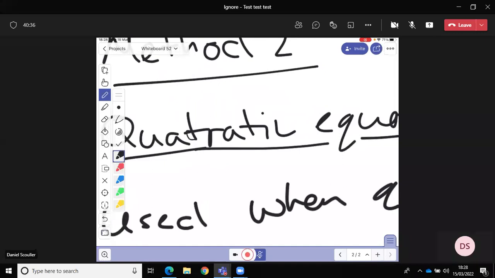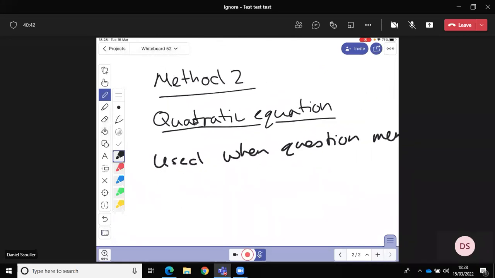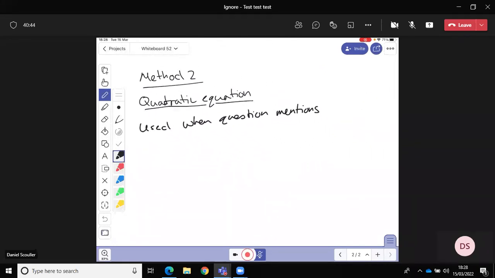Quadratic equation will work when the roots are whole numbers. Okay, but it does take slightly longer to do. So you would use it when the question mentions rounding, or if it says exact.